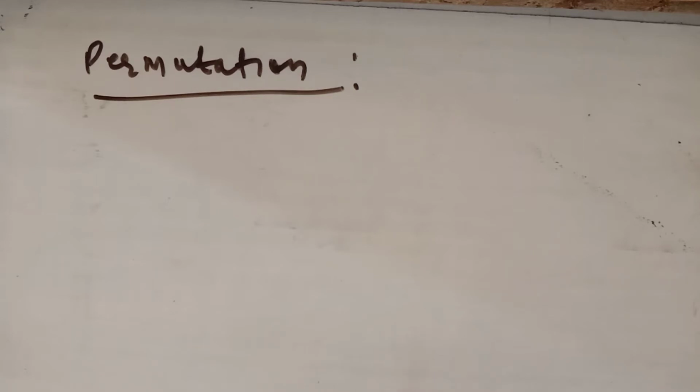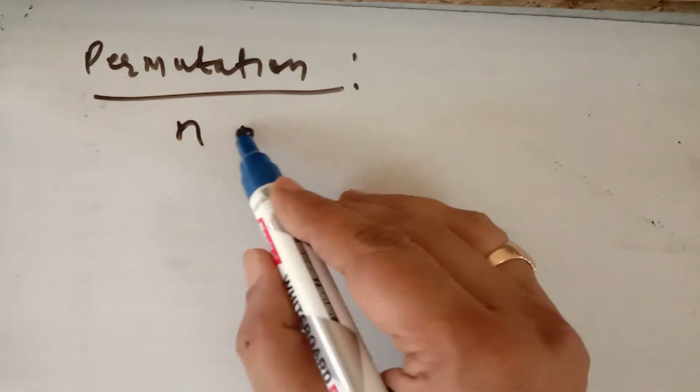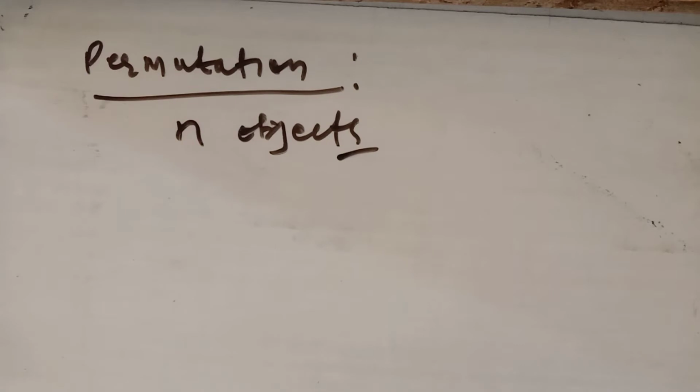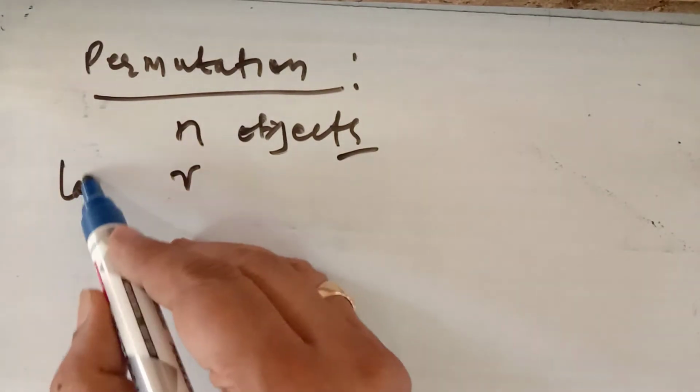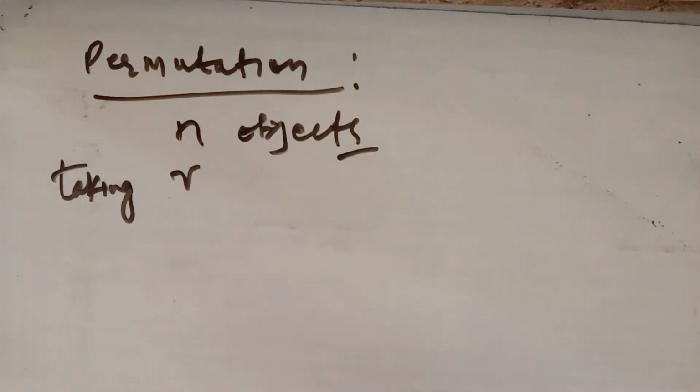Now let us take the number of permutations of n different objects. Suppose we have n different objects and we are taking r at a time. Out of n, we are taking r at a time. Suppose we have 10 students and we have to arrange them in a line.